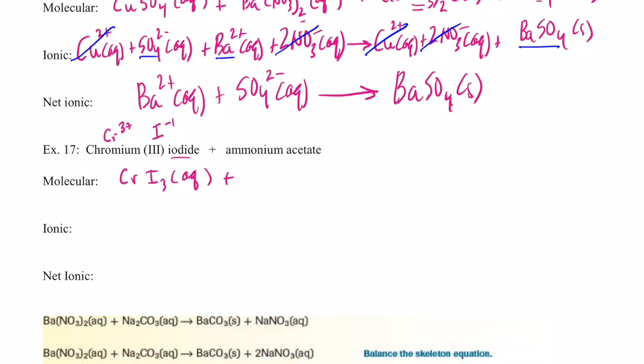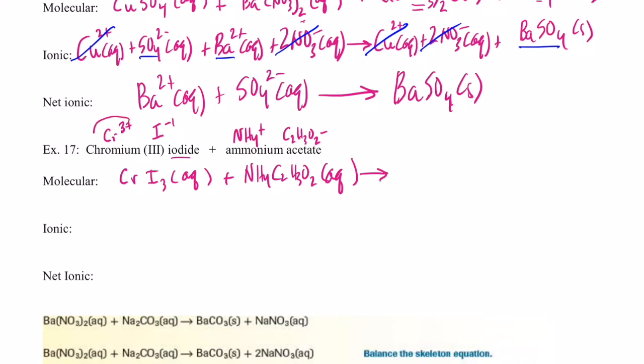And ammonium acetate. Ammonium is a positive polyatomic ion, NH4+, and acetate is C2H3O2-. So we end up with NH4C2H3O2, and that is also (aq). All ammoniums are soluble, and acetates are, no exceptions.